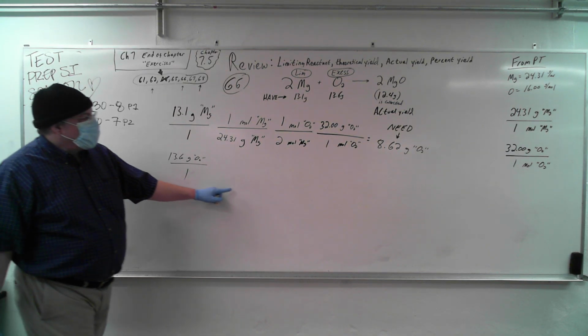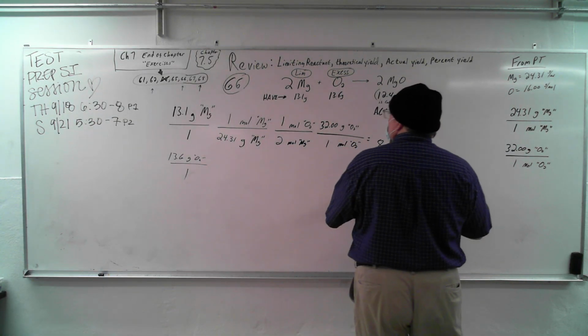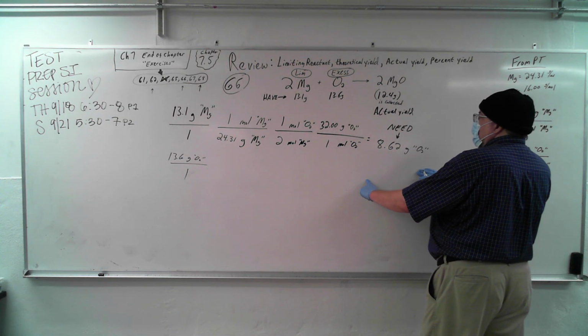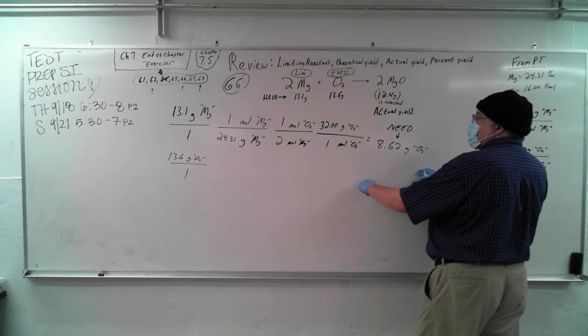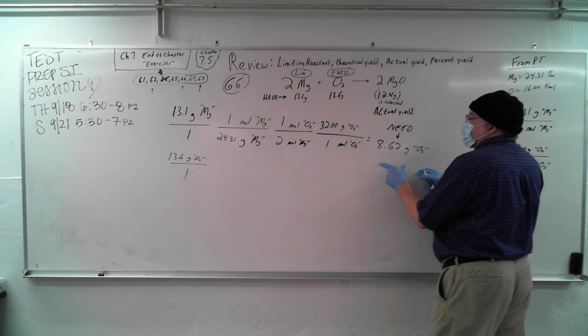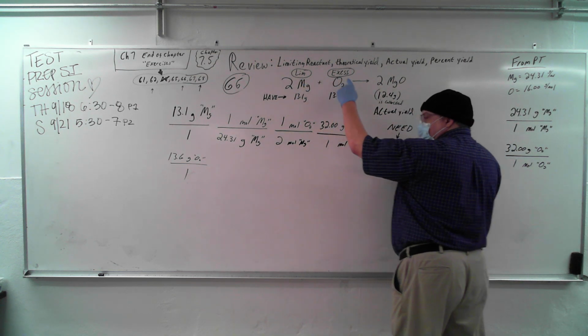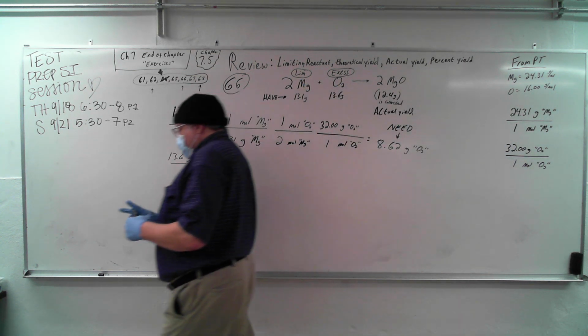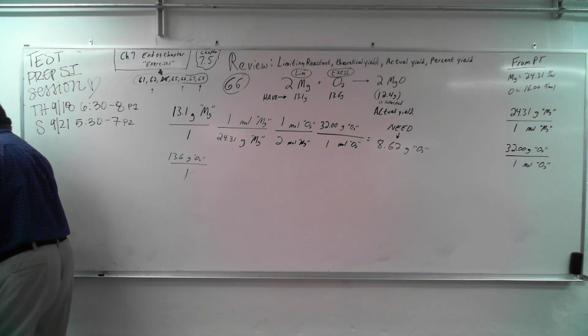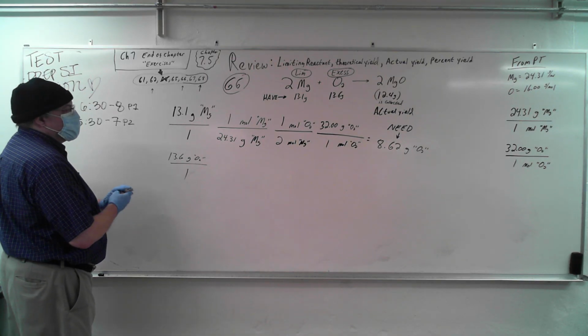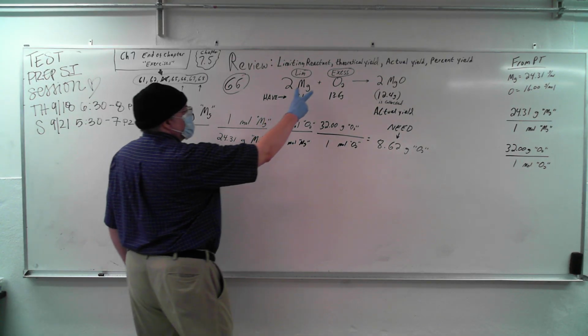At the end of this, we'll have how much Mg we need, and we will find out we don't have enough. We won't have 13.1, we'd have less. And then we'd go, okay, that's limiting, which necessarily means this one's excess. All right, but I won't do the second one, just to save time. Like I said, you'll come to the same conclusion.